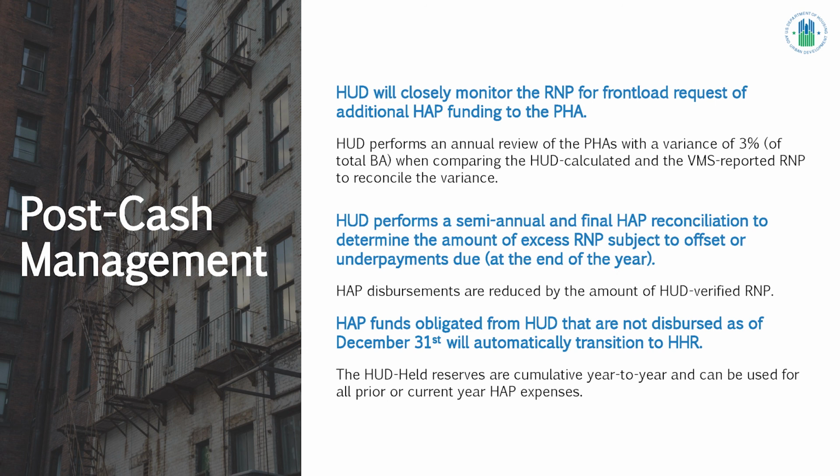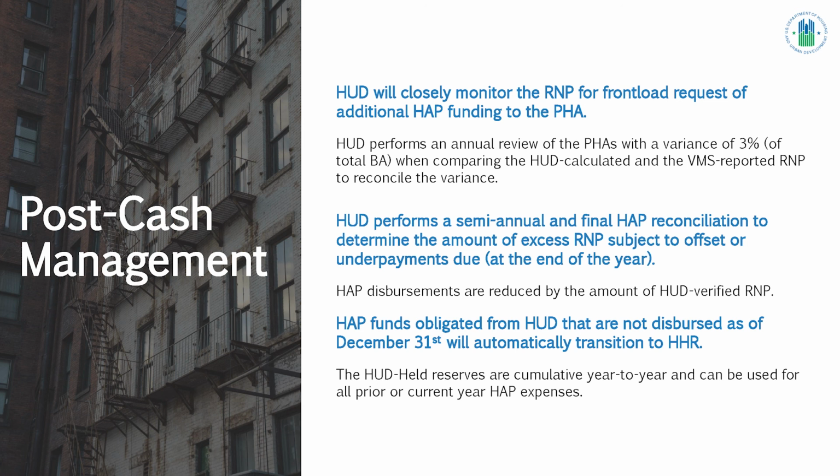HUD performs a review of the PHAs. Any variance of 3% of RMP, HUD may require the PHA to reconcile that variance to receive additional funds. So VMS reported restricted net position versus HUD's calculation of restricted net position must be within a 3% range.